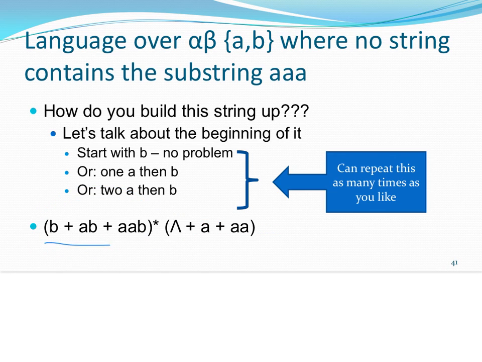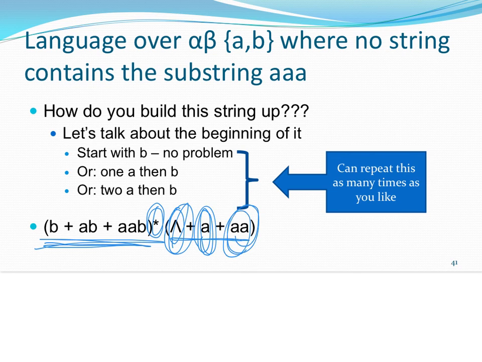You can repeat this first part as many times as you want, even 0 times. We've got the star, that's 0 or more times. And once you've repeated that as many times as you want to, then concatenate that with one of these three things. Either concatenate it with a lambda, in other words, just end with a B, or maybe end with a single A, or you can end with two A's.